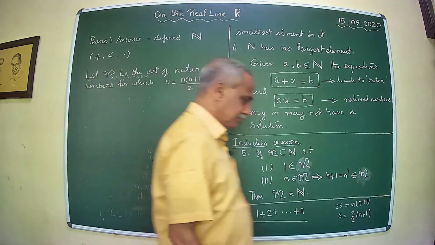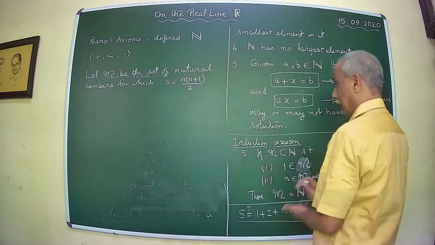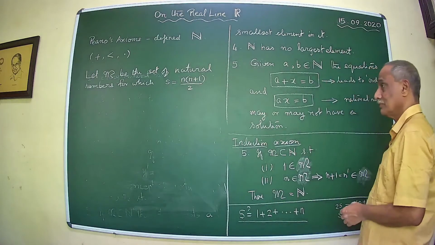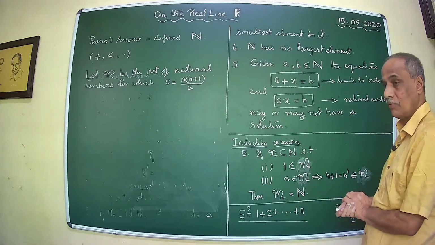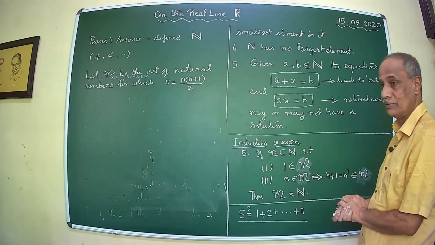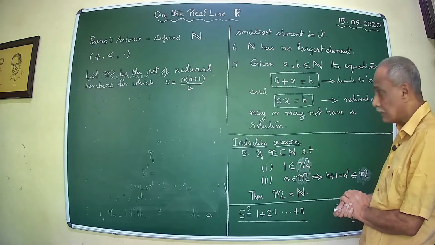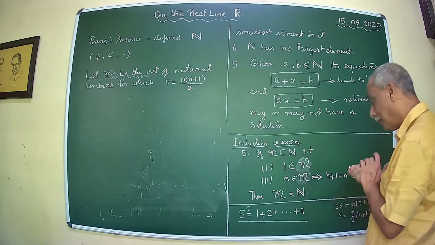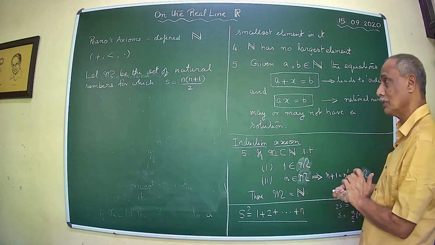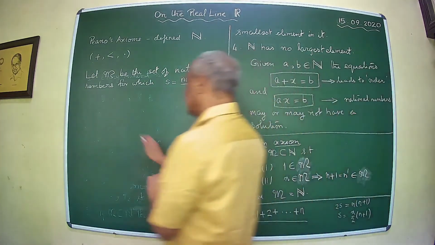This formula is valid. Now we want to say that this is true for every n. First of all, is it true for some n, or is M empty?